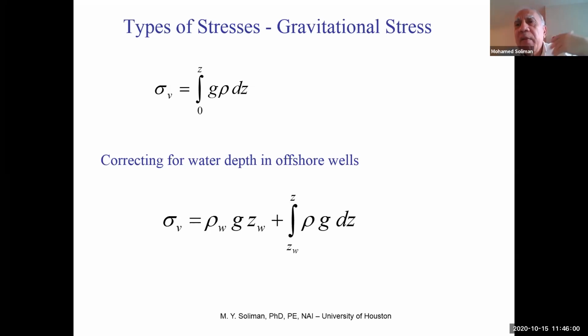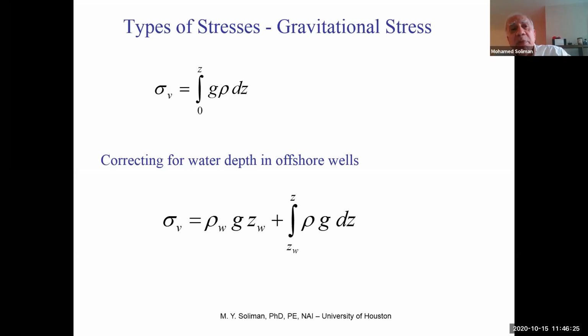So if I do not know anything about the formation and I'm just making a very quick estimate, I would say my formation is 5,000 feet deep multiplied by 1 or 1.1 psi per foot. Then my vertical stress should be between 5,000 and 5,500 psi. That is an easy way to do it.